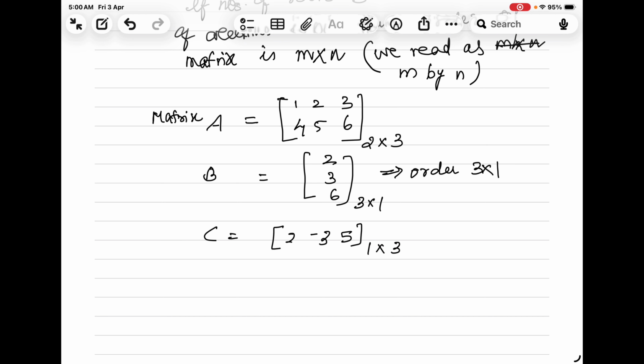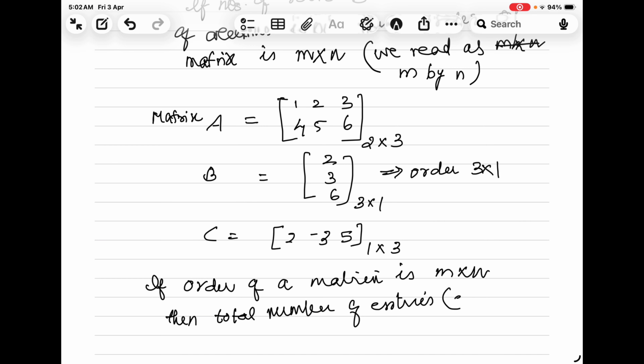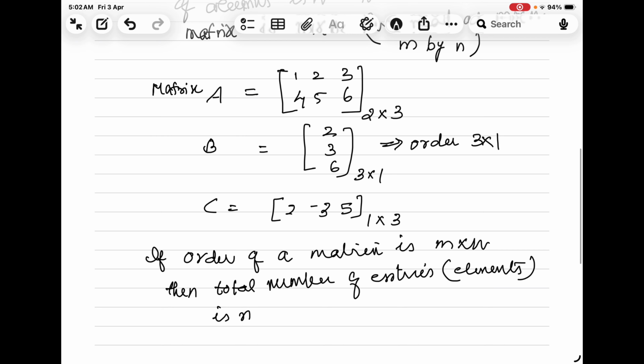So matrices are denoted by capital letters of the English alphabet, and the elements are written inside the square bracket. Don't use commas inside the bracket. Generally, if the order of a matrix is m by n, the total number of entries or elements is equal to mn.